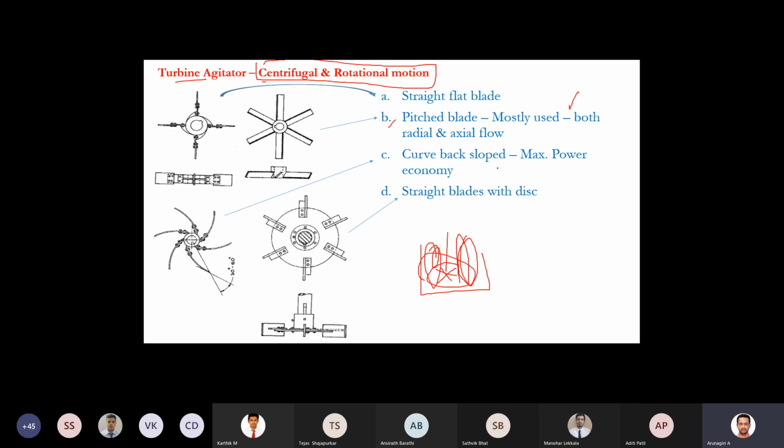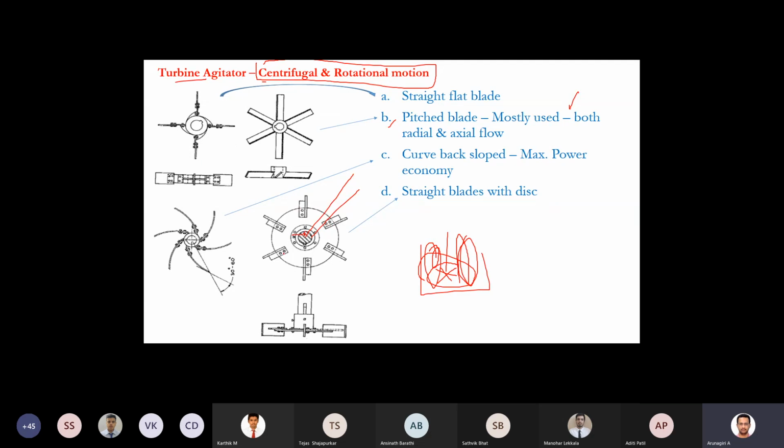Then curved blade arrangements. So this is the curved blade arrangement, a modification of this. The straight flat blade is modified like this. Instead of straight, we will go for curved, tightly fixed.